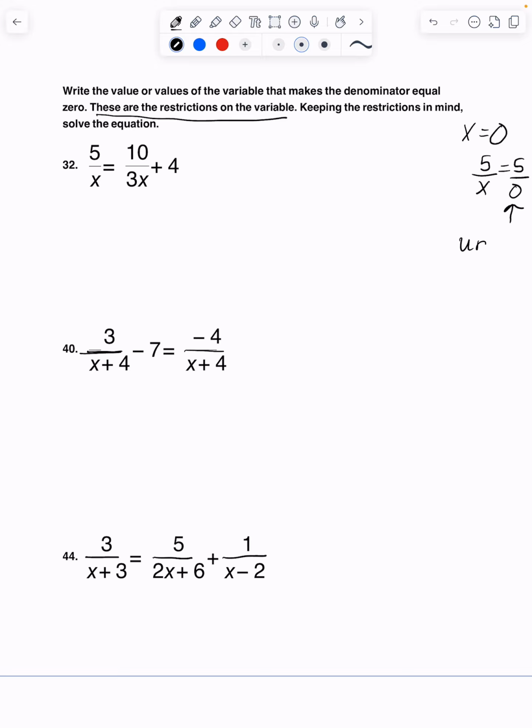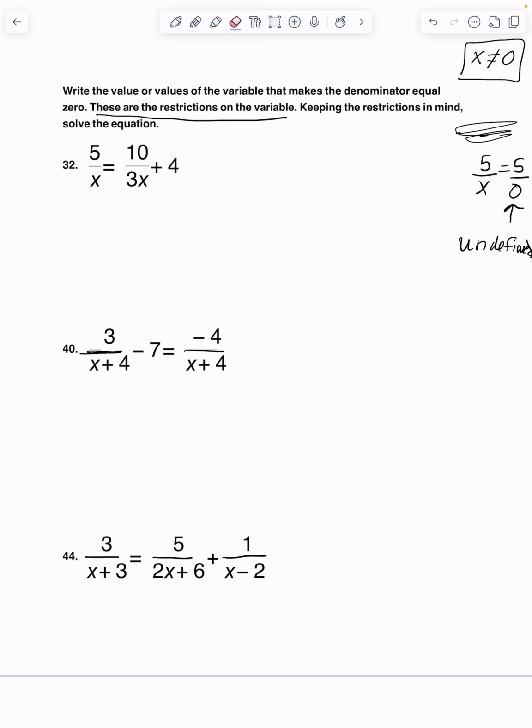That is not allowed in math. That is undefined. So when I'm looking for an answer, I'm going to keep in mind that 0 cannot be an answer. If it comes up to be 0, I'm going to have to say that my answer is undefined or no solution.